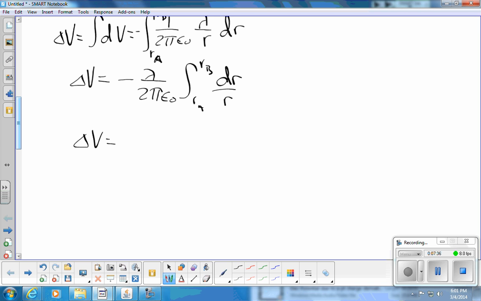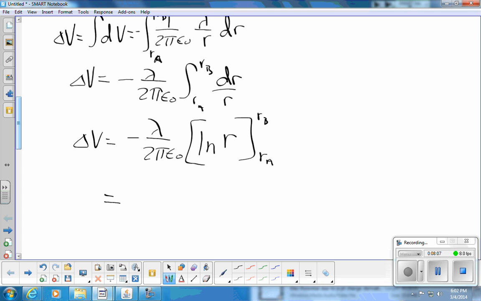Delta V is, again, negative lambda over 2 pi epsilon naught, and the integral of dr over r is natural log of r. So I've got natural log of the absolute value of r, I believe, but this r is always going to be a positive value anyway, because it's simply the distance from the line of charge to the point I'm interested in. So I'm integrating from rA to rB.